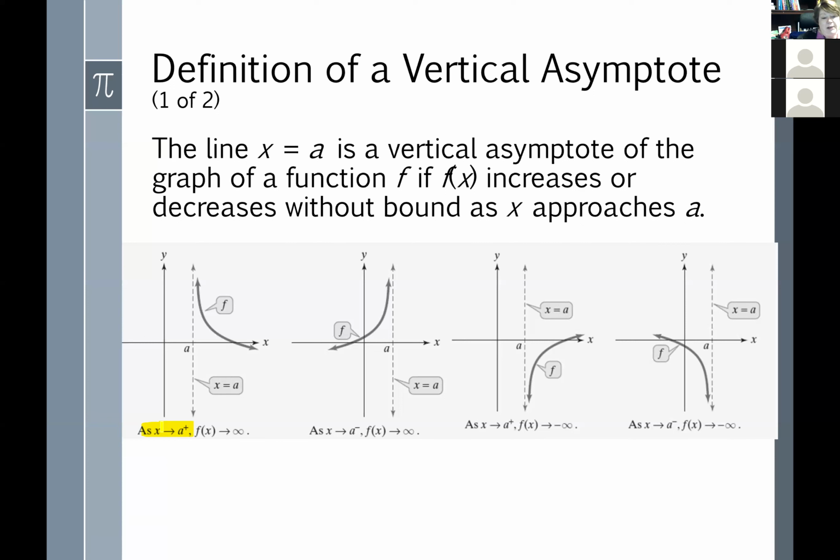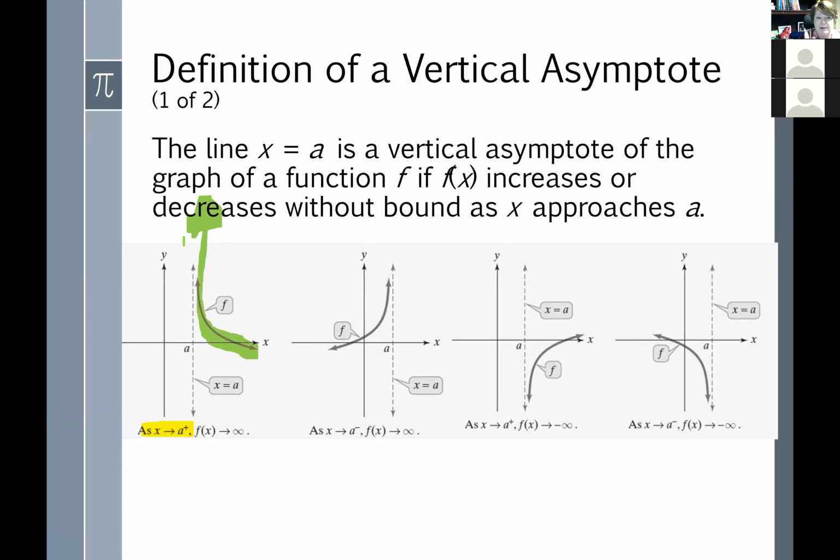So since the equation of that line is x equals a, as x approaches a from the positive direction, that's what that superscript plus means. Then what does that function do? It increases without bound. Y goes to infinity. So as we're approaching from this direction here, it approaches, it approaches, it approaches. It can't cross, it can't touch, it increases without bound.